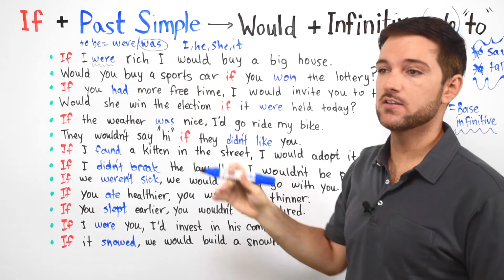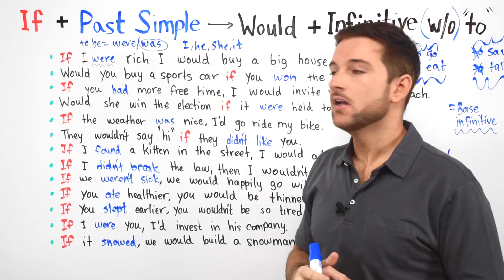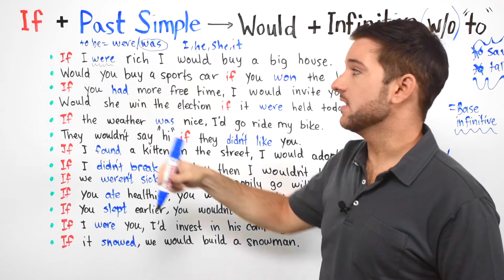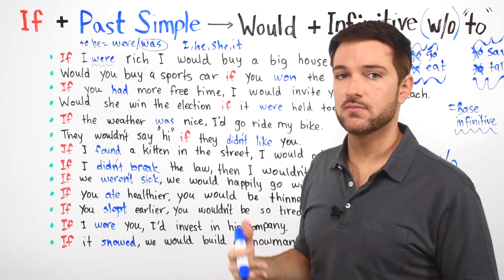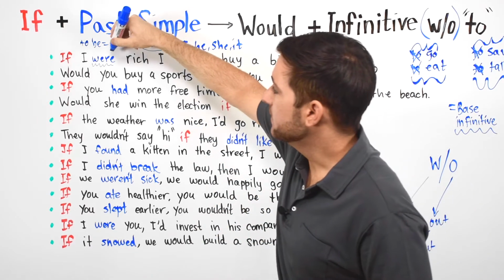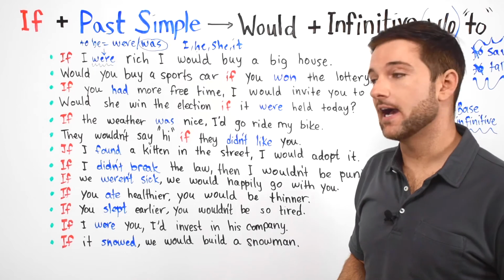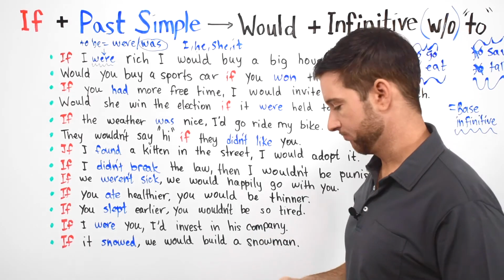But especially for American speakers of English, this can be a little subtle. So you'll hear people say both. You'll say, if I was rich, or if I were rich. You'll hear both, but this one is more grammatically correct. If I were rich, I would buy a new house.